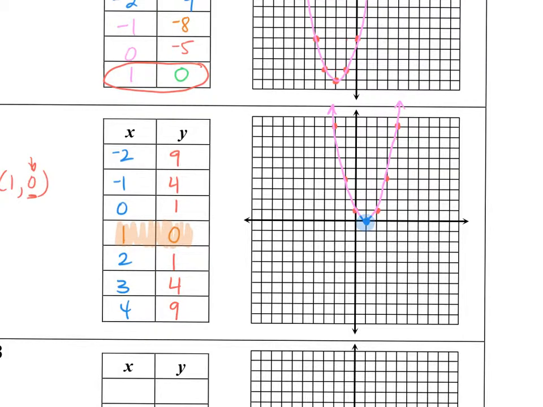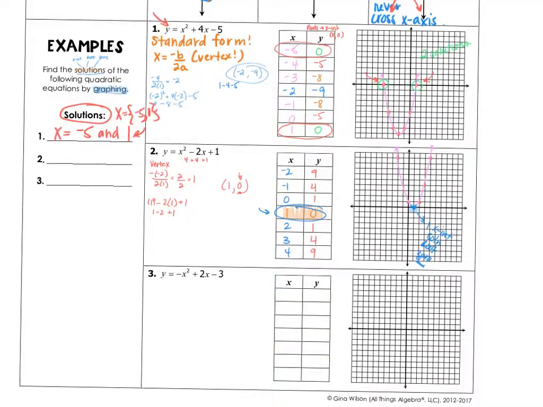As I have one x-intercept, that's a solution, that's a root, that's a zero, and that is happening at x equals 1. We already knew that because of our vertex. So our one solution for number 2 is x equals 1.